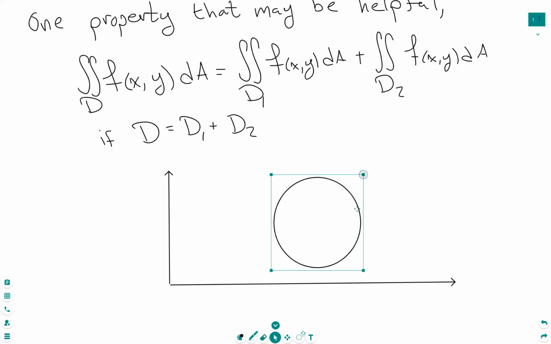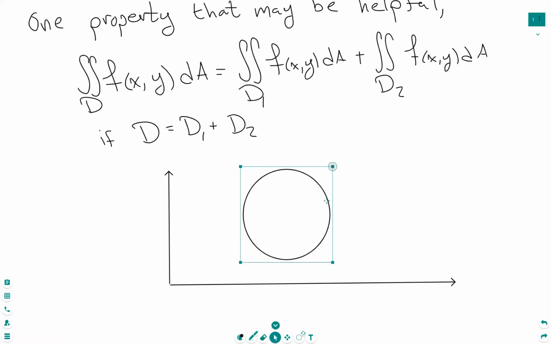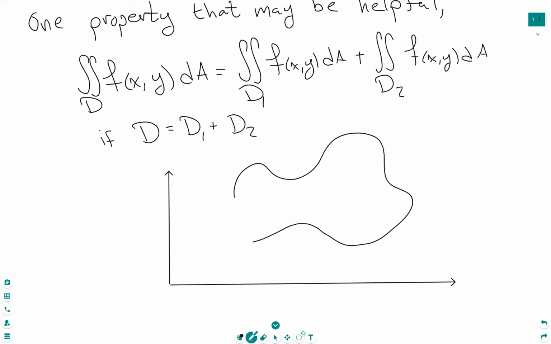Well, I guess we can write this as a type 1 or a type 2. Let's do something like, I don't know, just a blob. This is hard.